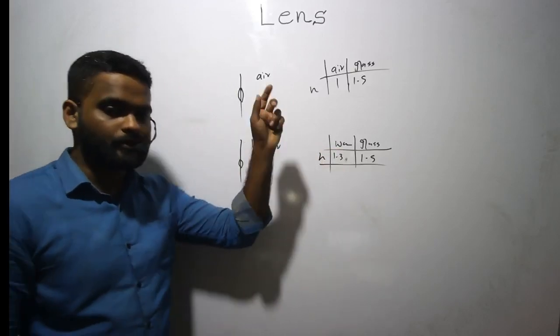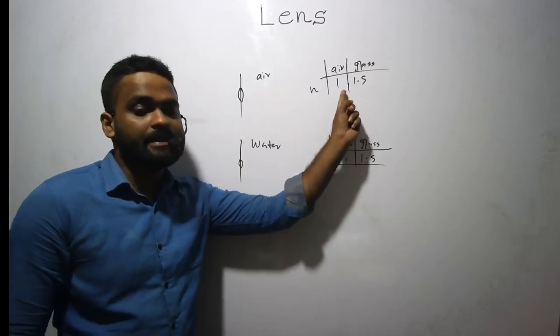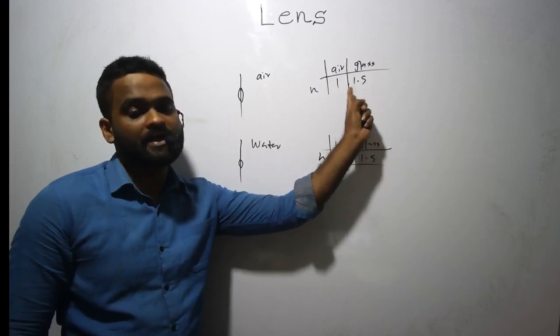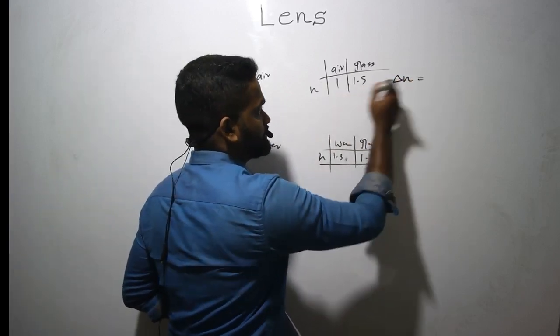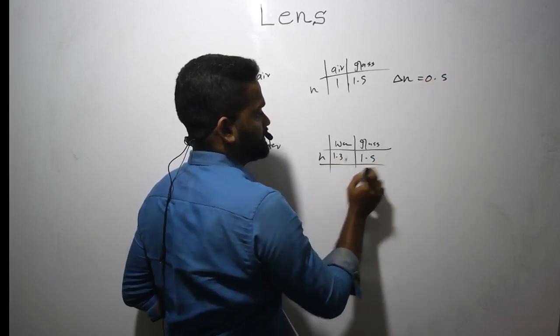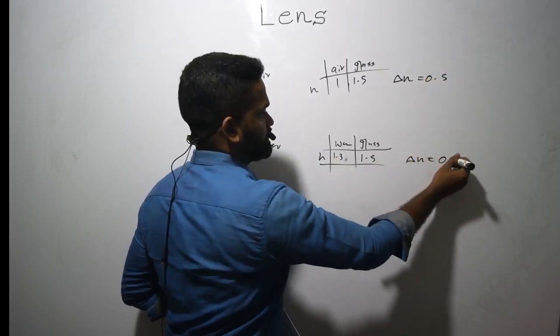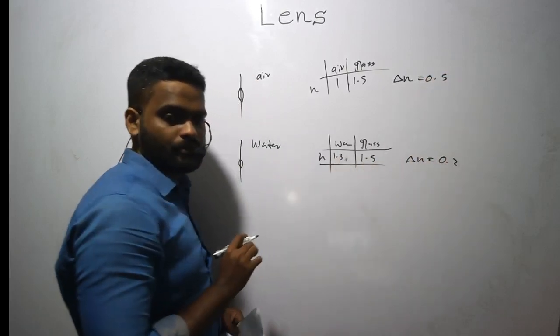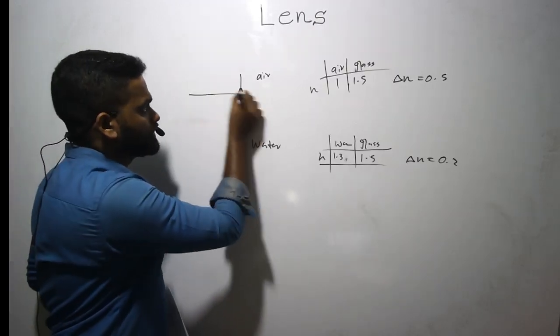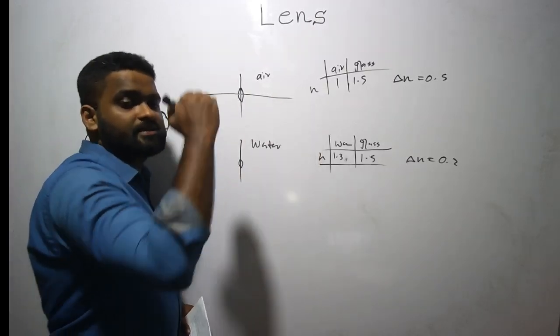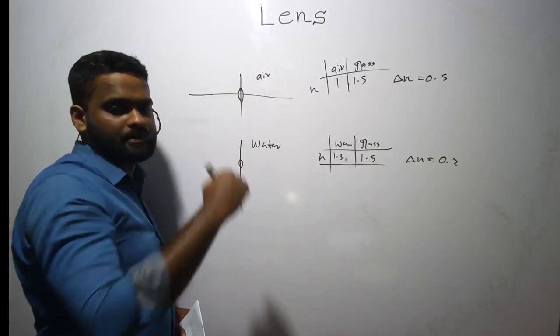Here, what you have to understand is you need to get the difference between refractive indexes. So here, what's the difference? 0.5. Here, the difference is 0.2, right? So if the difference is higher, what happens?